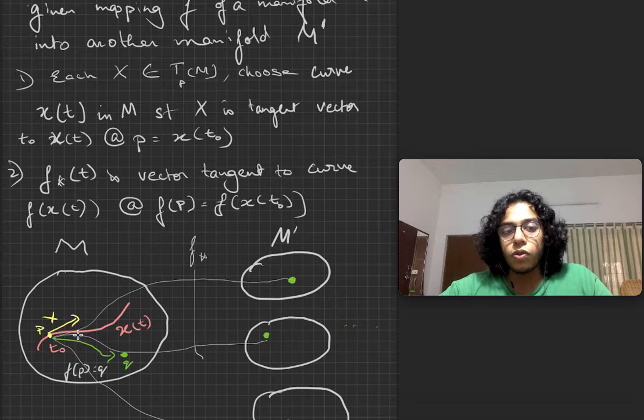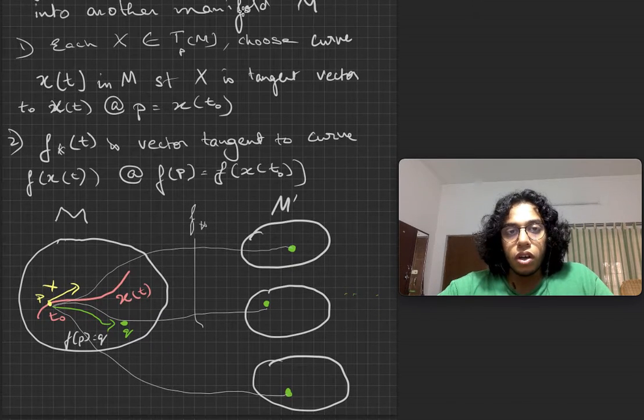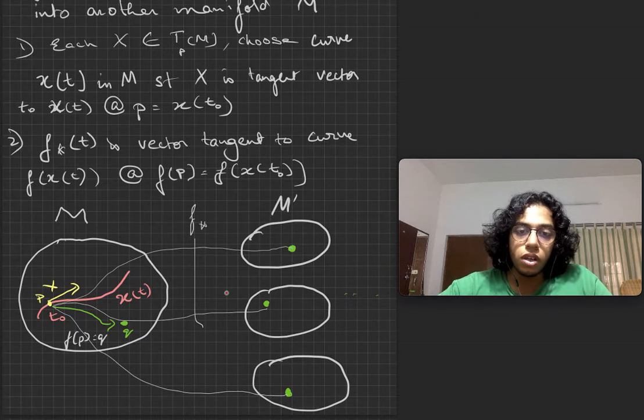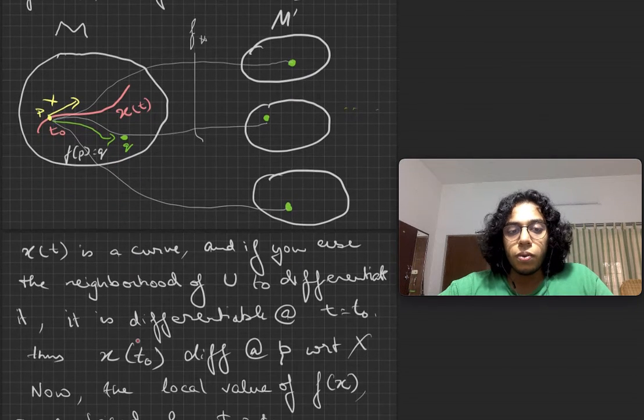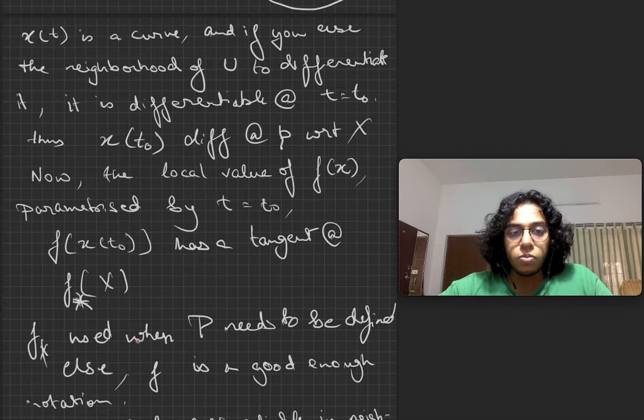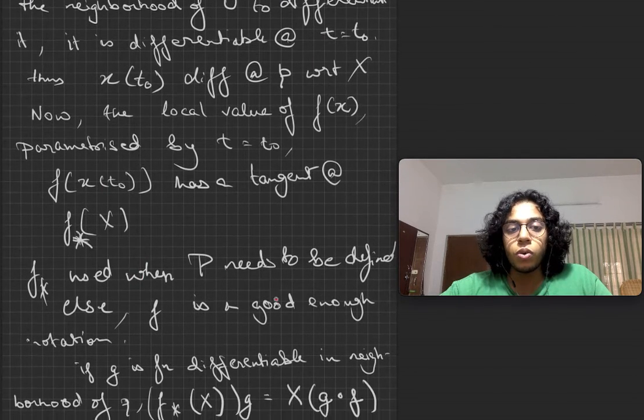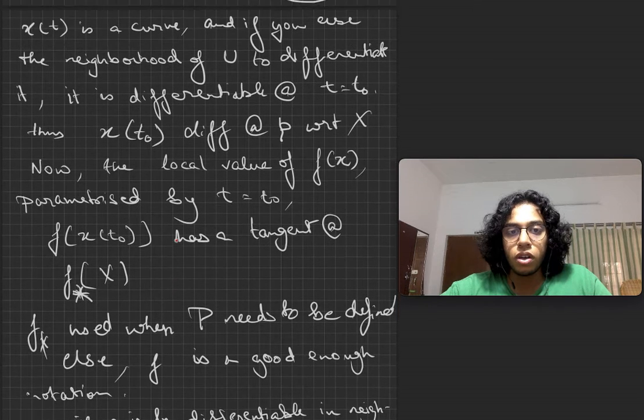So mappings from M to M dash. Now that there is a clearer understanding here, we can move on to define the dual of this function.